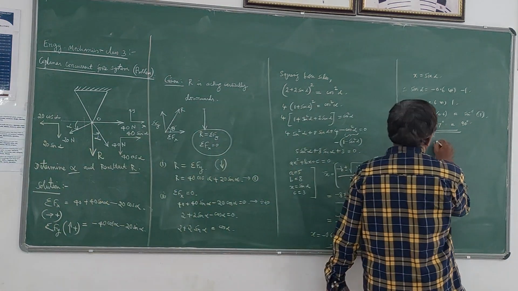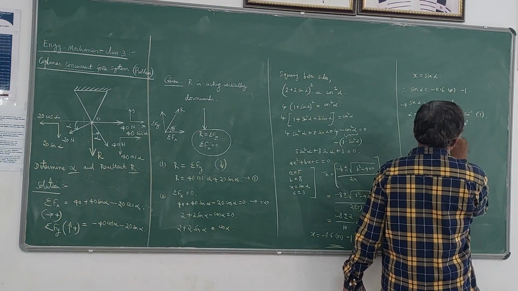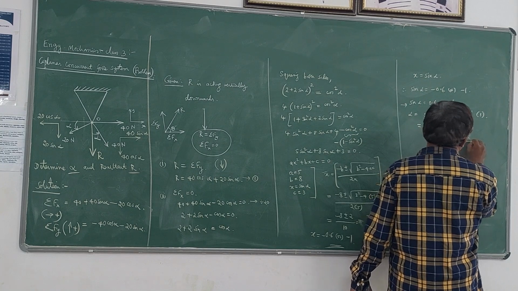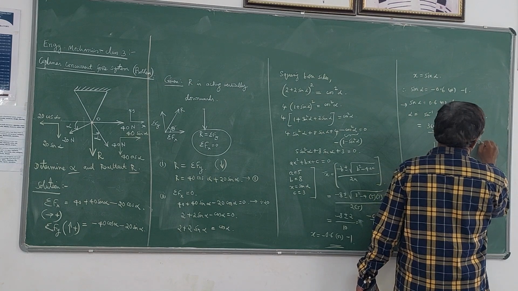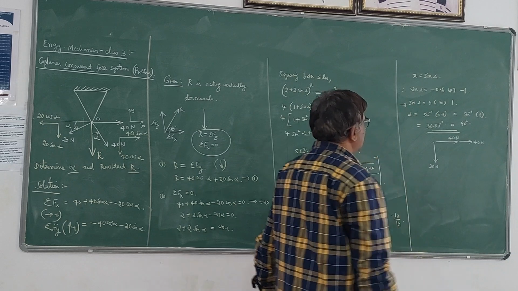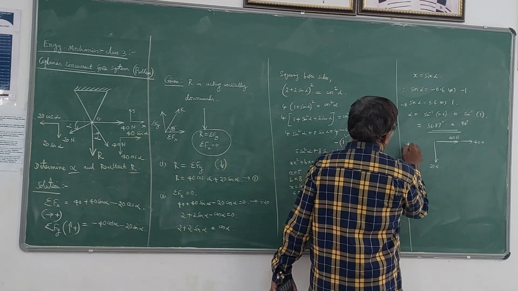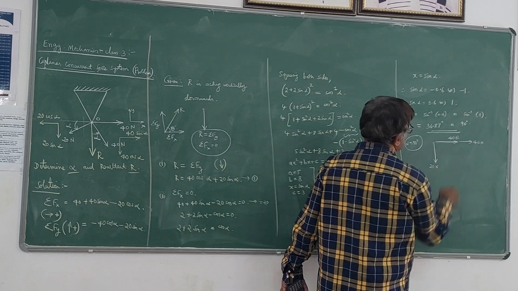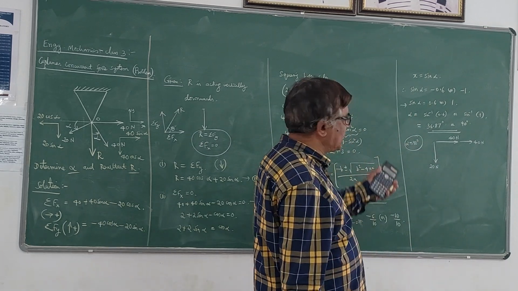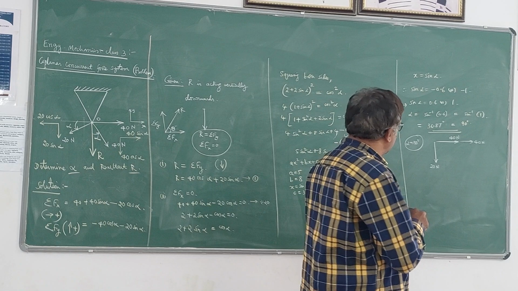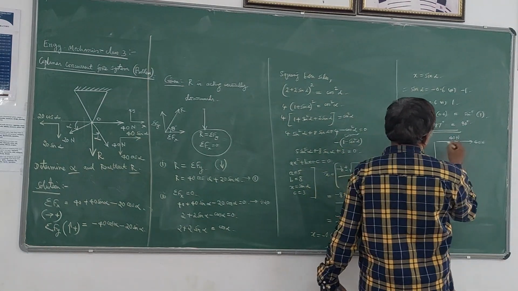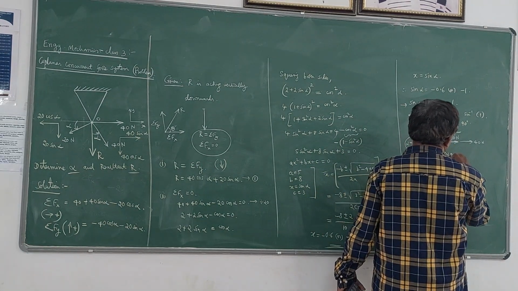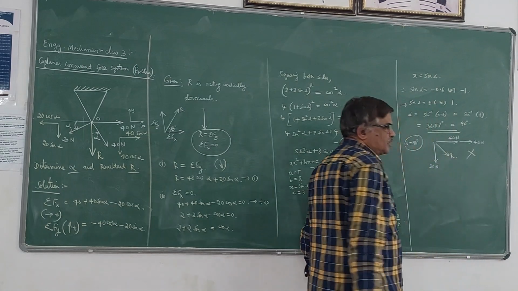So 40 will come like this, and another 40 is already given in the same direction. So this will be the case if alpha is 90 degrees. Then the resultant will not be acting in this direction, definitely. The resultant will be something like this, so this case we cannot use.